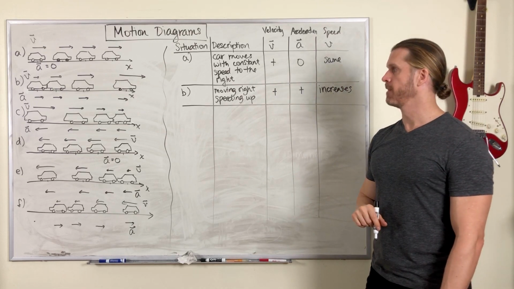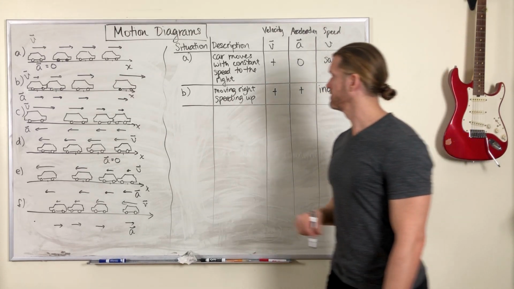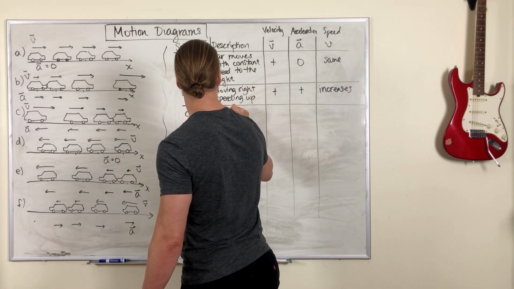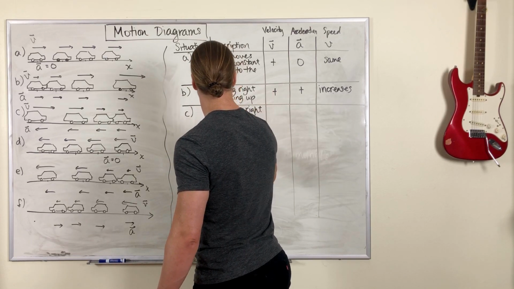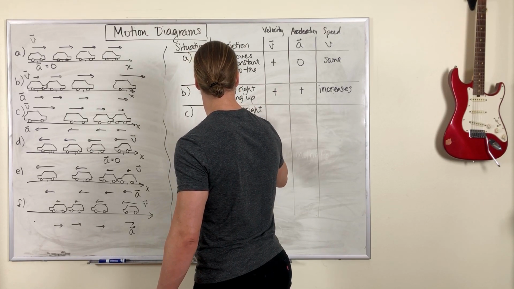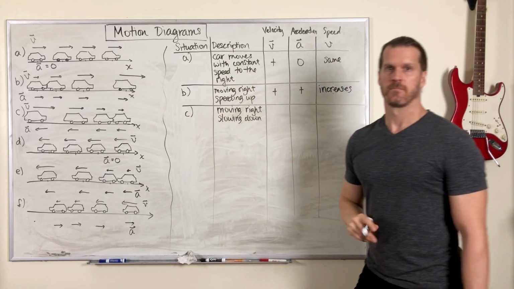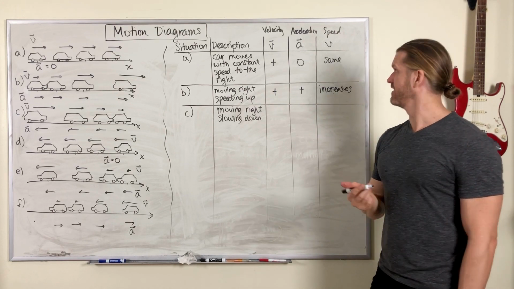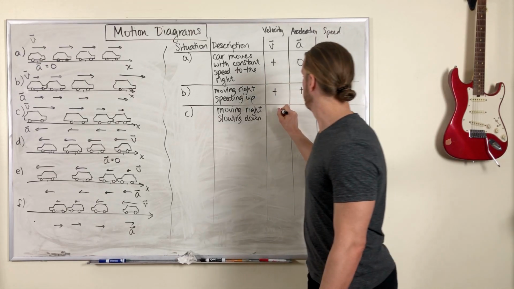Situation C. The car is still moving to the right, but it's slowing down. Here's where people oftentimes get confused. The velocity is still positive, even though the car is slowing down.